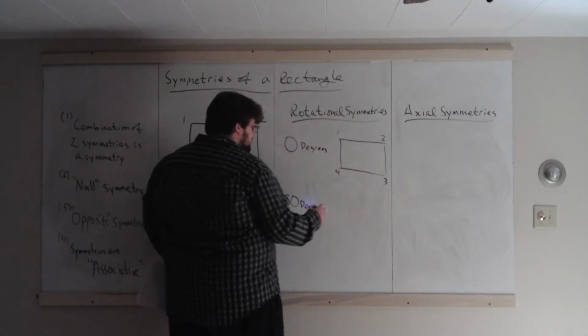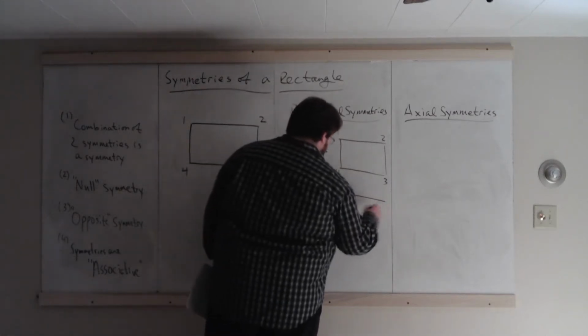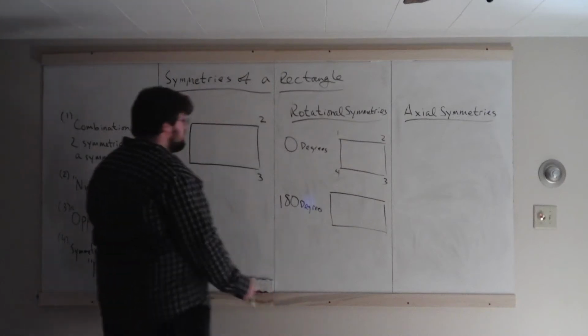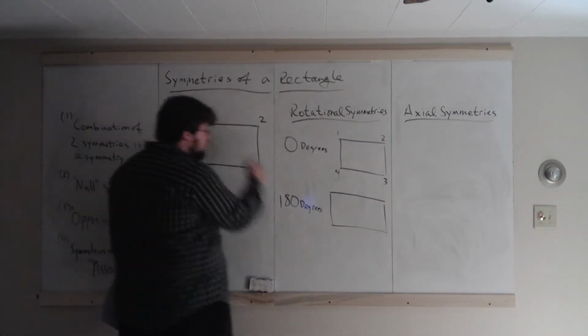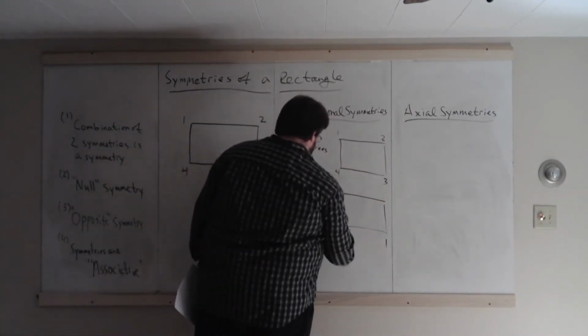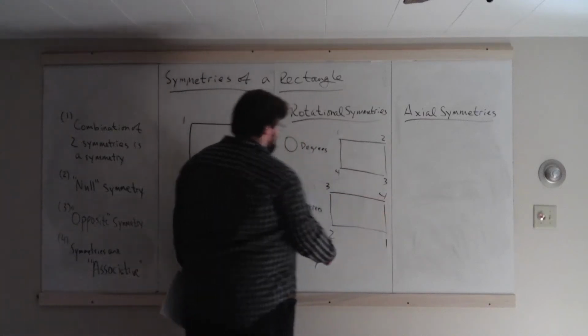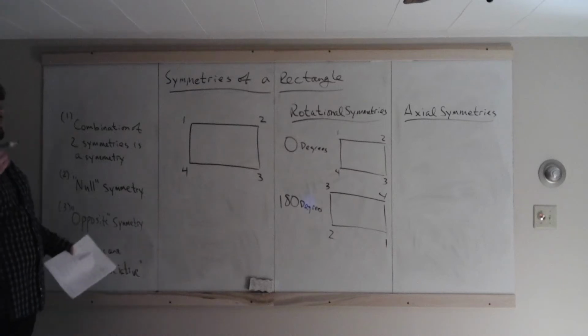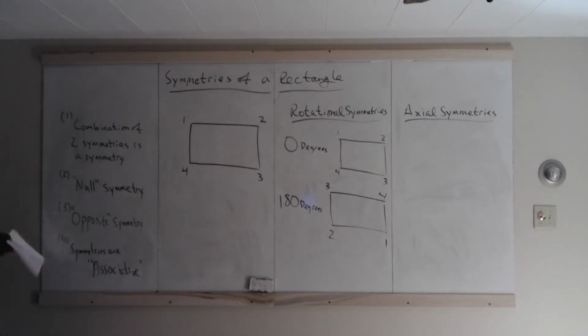Well, if you rotate it 180 degrees, it's going to be the same shaped rectangle in the same direction. You rotate it 180, now 1 is going to be down here, and then 2, 3, and 4 fill it in. So if you rotate it 180 degrees, you get the same rectangle in the same direction.